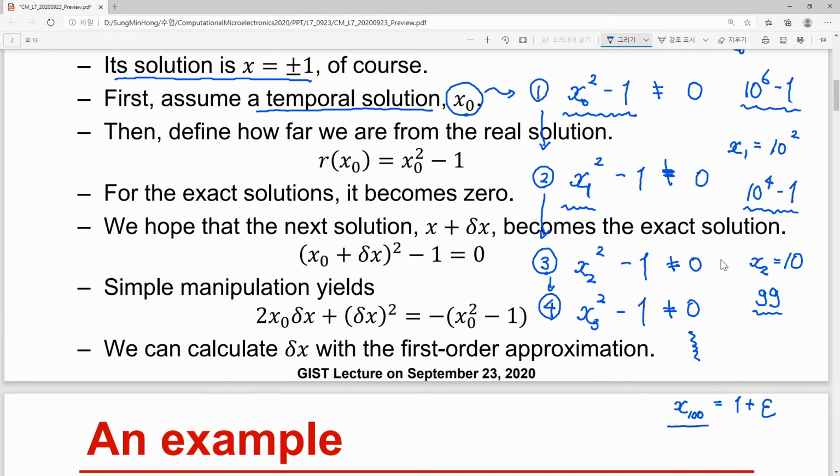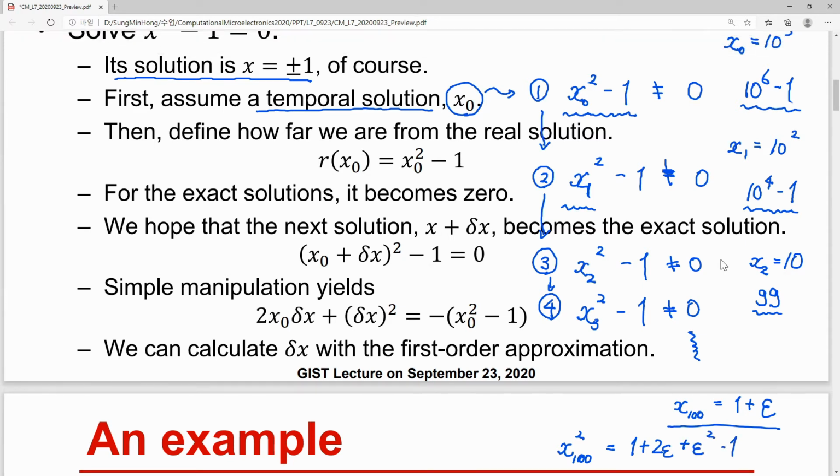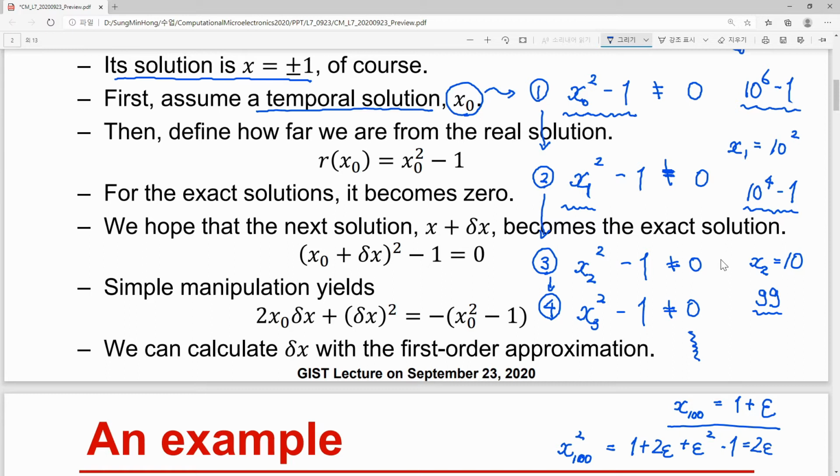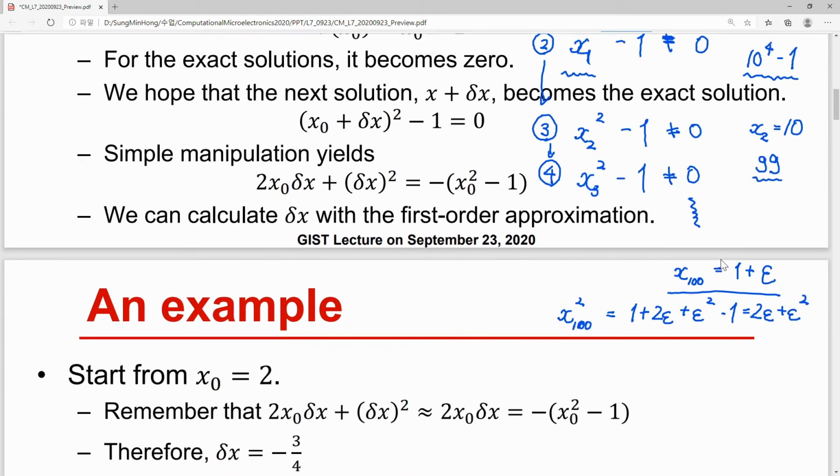Then, even in this case, when you evaluate the square of this number, that will be just 1 plus 2 epsilon plus epsilon square minus 1. So you will get 2 times epsilon plus epsilon square. Certainly, this cannot be 0. So still, your solution is slightly different from the real solution, the number 1.